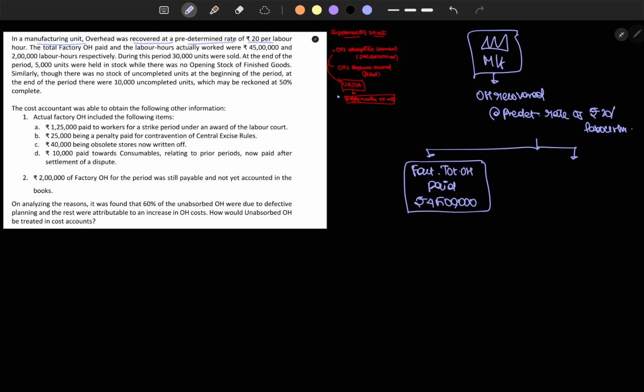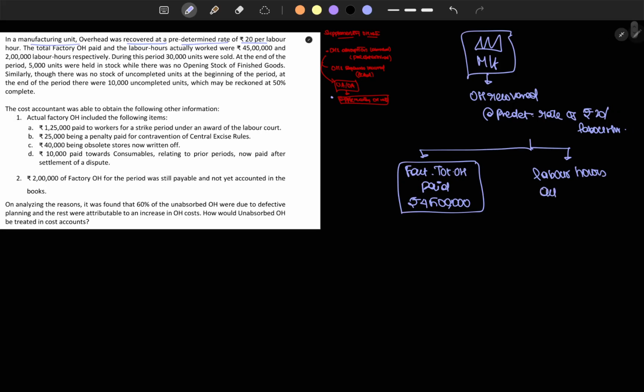And laborers actually worked for 2 lakh hours, right? So we have got the base quantity, we have the total overheads, and then what else we have, we'll see one by one.